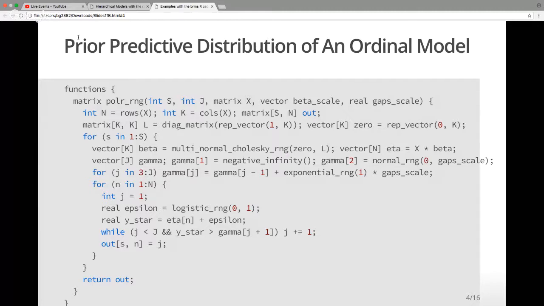It's not exactly a random walk because it's strictly positive. So gamma 3 is going to be strictly greater than gamma 2, and gamma 4 is greater than gamma 3, etc., where the gaps between consecutive cut points have an exponential prior in this generative model.